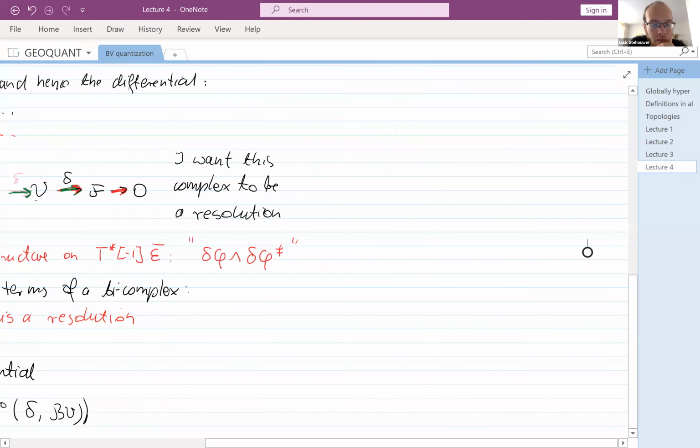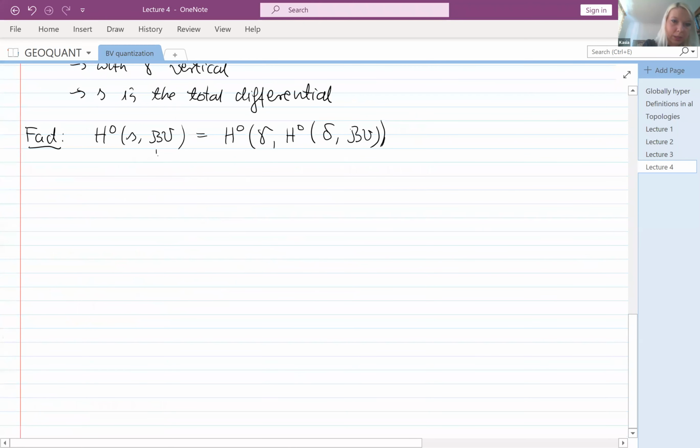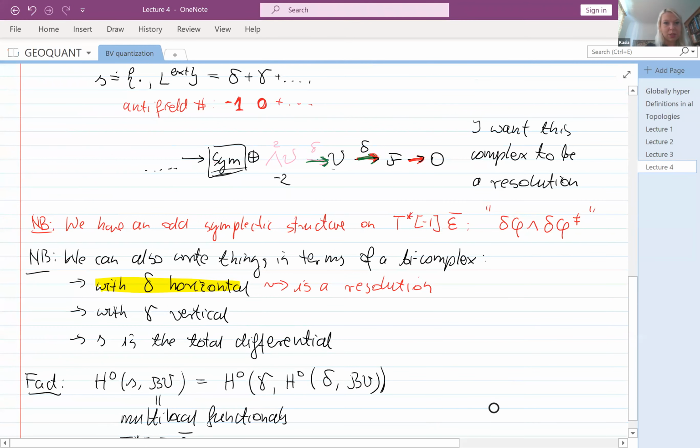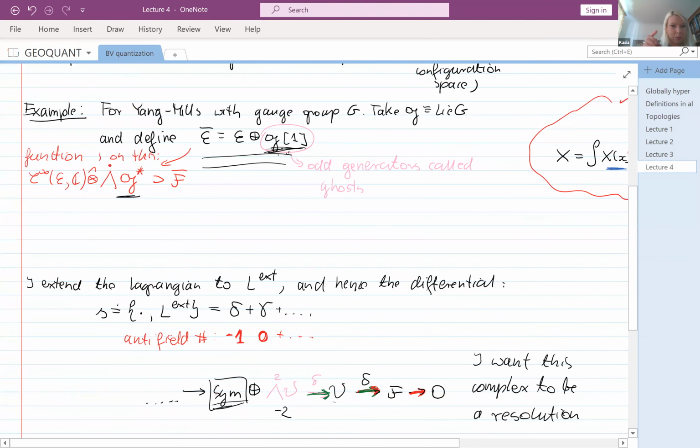Cohomology of S, BV? BV is the space of multilocal functionals on the odd cotangent bundle. Okay. And that was just describing the odd cotangent bundle in more detail.